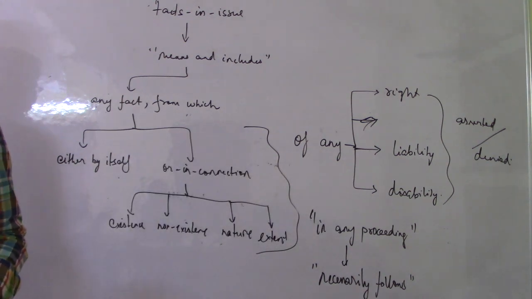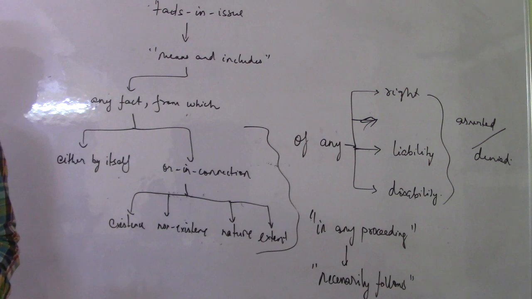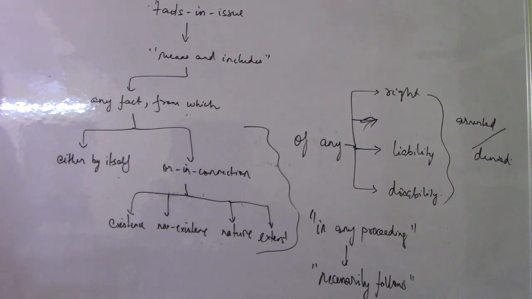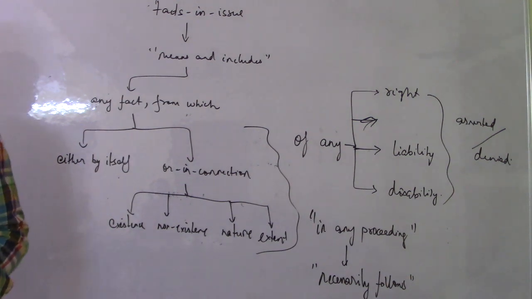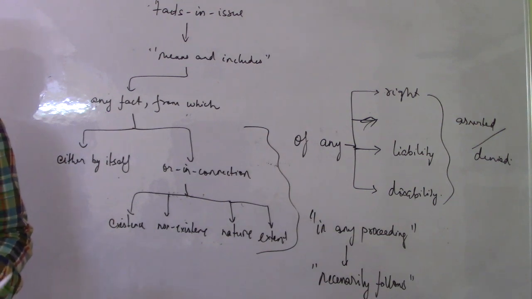Because even if we can say that A has caused B's death, but A did not intend to cause B's death, it could be a situation of section 304A, rash and negligent act. Because in a rash and negligent act, there is no intention to cause death. Remember that. It is only death which is caused by carelessness.